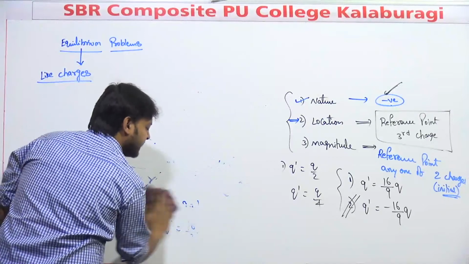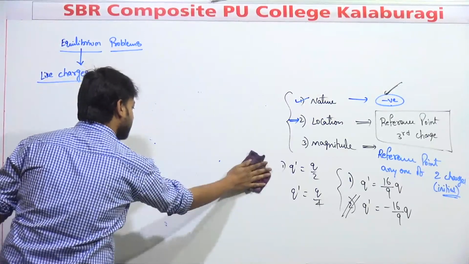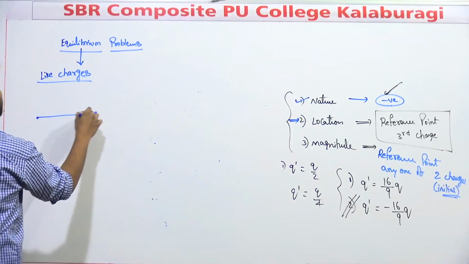Task 5: after the class, try to do one more question on like charges. Take the values, then we'll go for unlike charges.